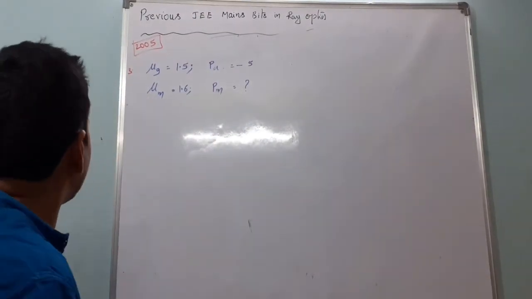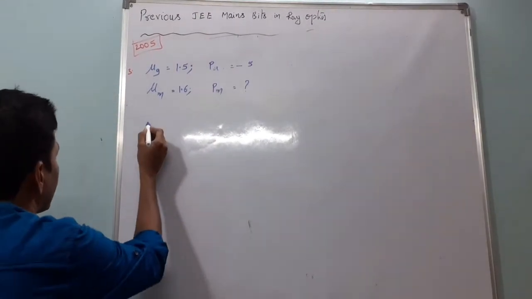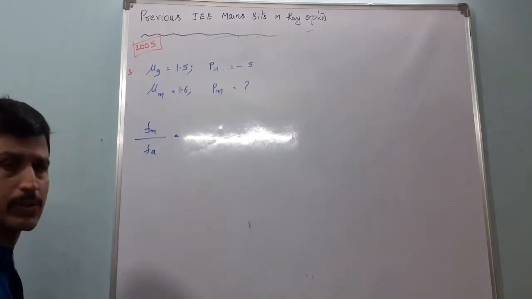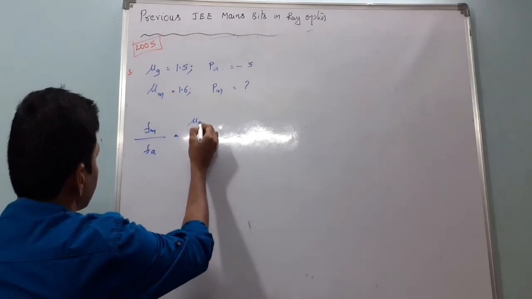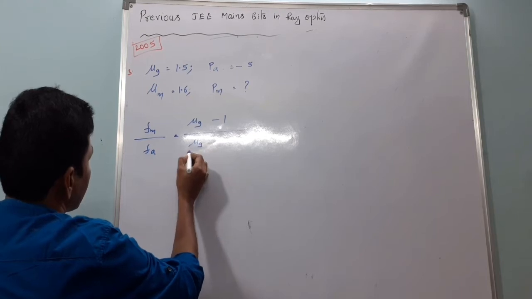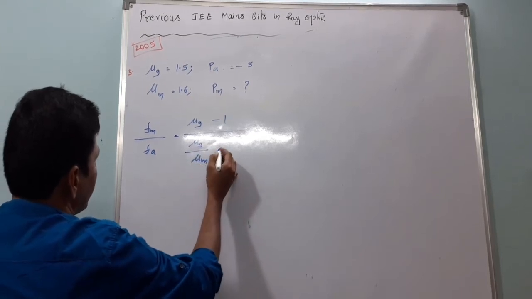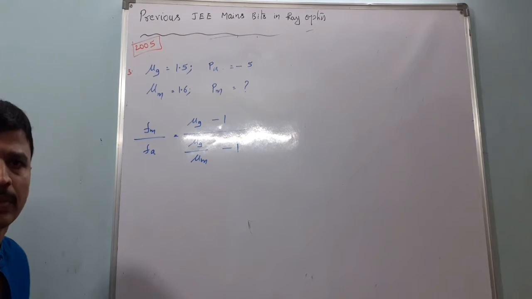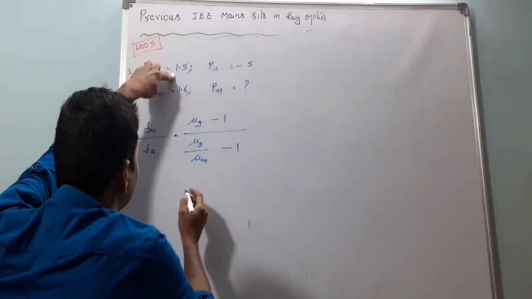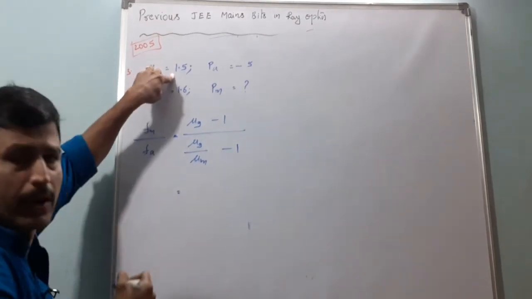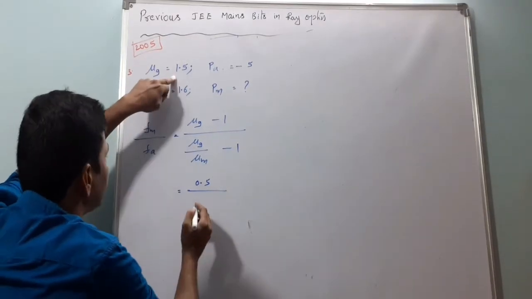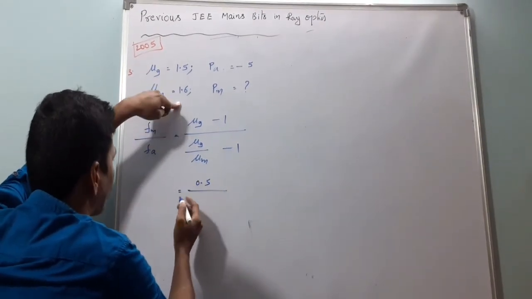Most important model, this one. See what is the formula? The focal length of medium to focal length of air is equals to refractive index of glass minus 1 by refractive index of glass per refractive index of medium minus 1. Substituting these values, mu g means 1.5, 1.5 minus 1 means 0.5, mu g 1.5, mu means 1.6.